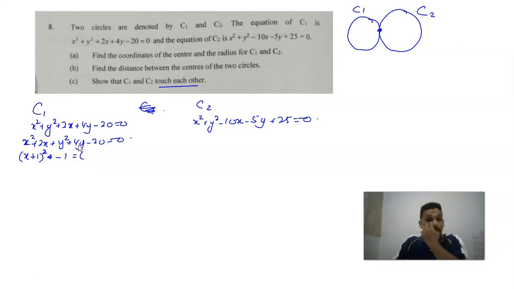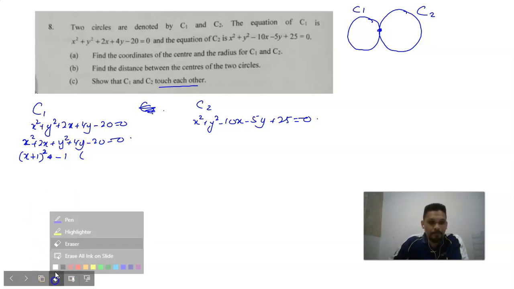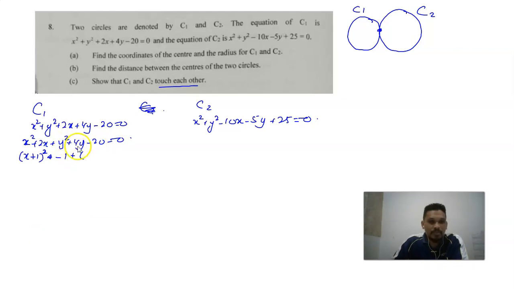Then 4 here: y squared plus 4y plus (4 over 2) squared. 4 over 2 means it comes up with (y plus 2) squared minus (4 over 2) squared, 2 squared equals 4, minus 20 equals 0.